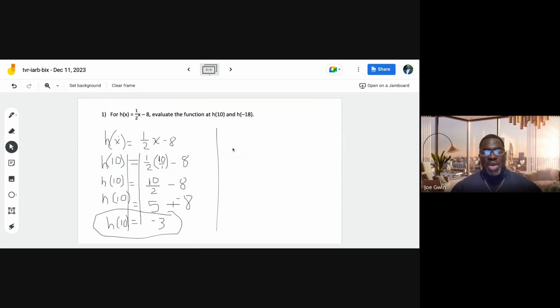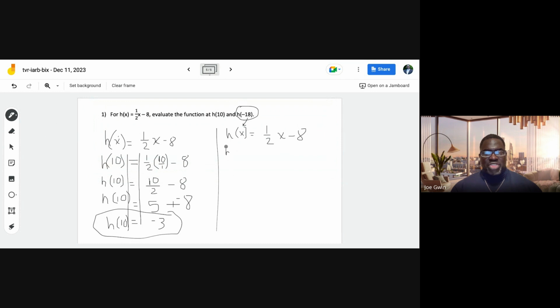All right. So now we're going to do h of x equals 1/2 x minus 8. I'll write that. h of x equals 1/2 x minus 8. And then this time we're dealing with the h of negative 18. So I'm replacing the x with negative 18.